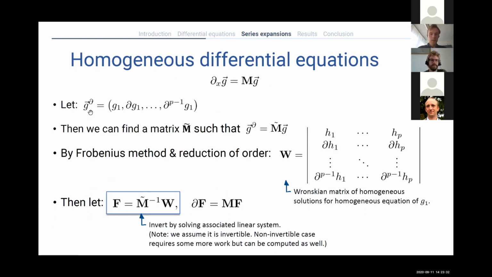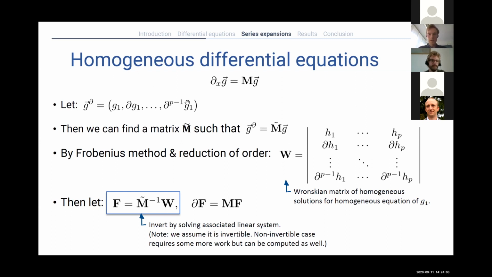Now, to add a bit more detail, if you single out some integral, say G1, you can write down a vector of its derivatives. And then you can rewrite that vector of derivatives by a change of basis of the original integral. So all the derivatives of one of these coupled integrals can essentially be expressed by the remaining integrals.